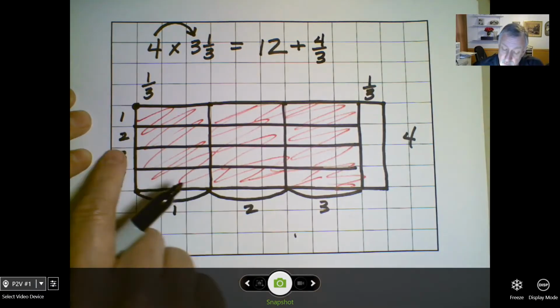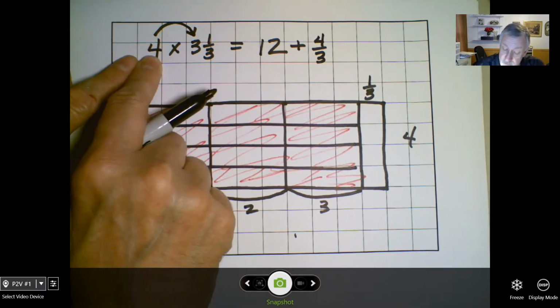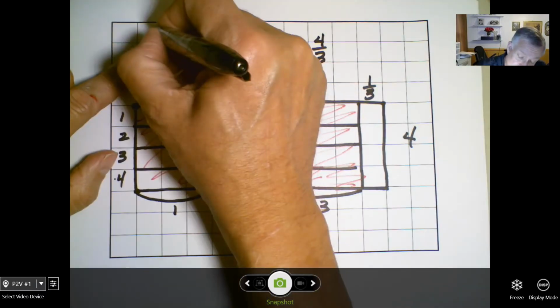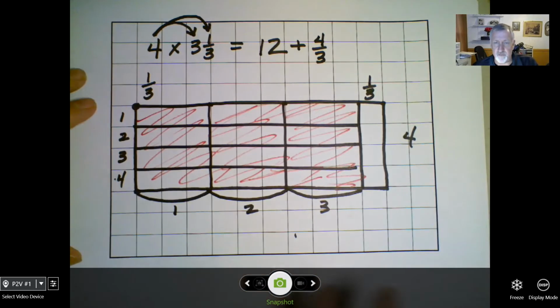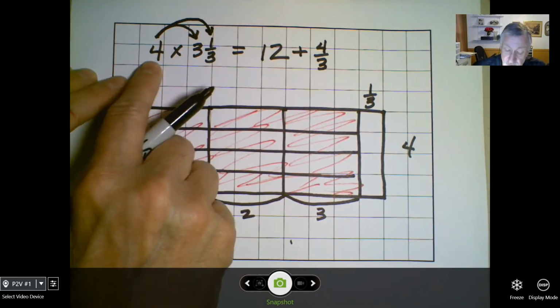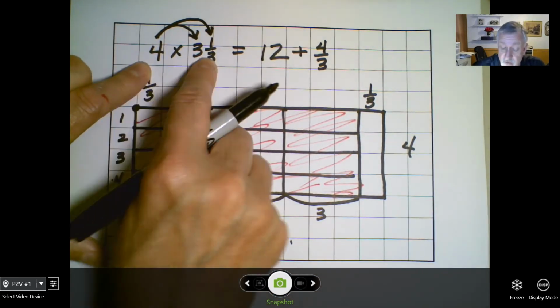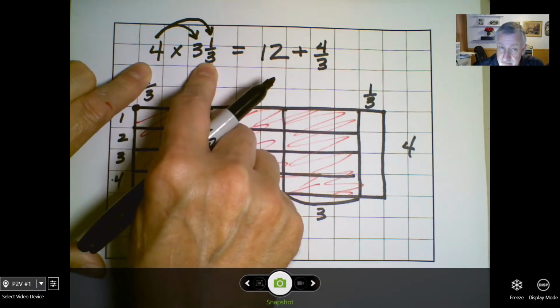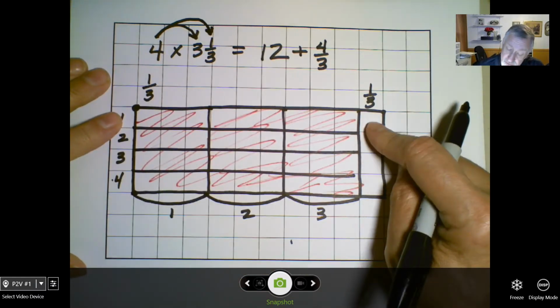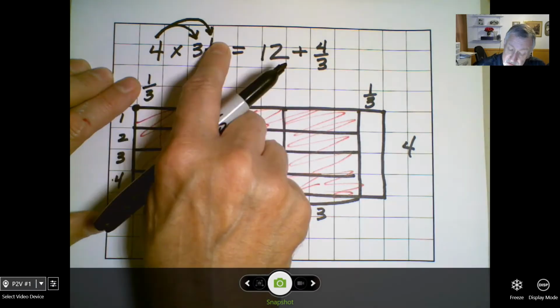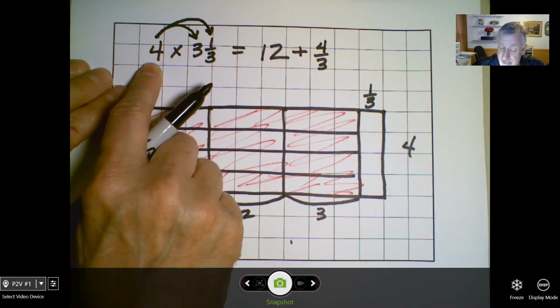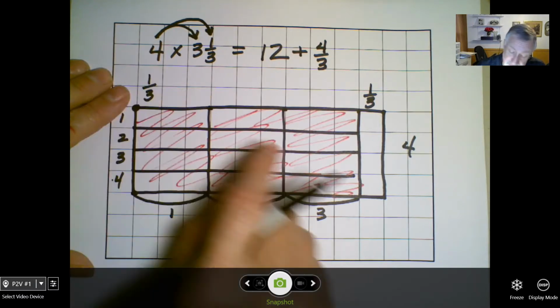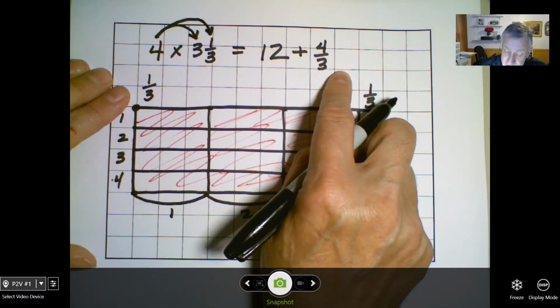Okay, so I have 12 by multiplying 4 times 3, but then I also have to multiply 4 times the third. And what a lot of folks were doing yesterday is they were just saying, okay, there's no fraction here, so I've got the 12, I'll just add the third to it. Okay, but there's not just 1/3 here, there's a row of 4/3. Okay, so we have to multiply times that whole number in the front.